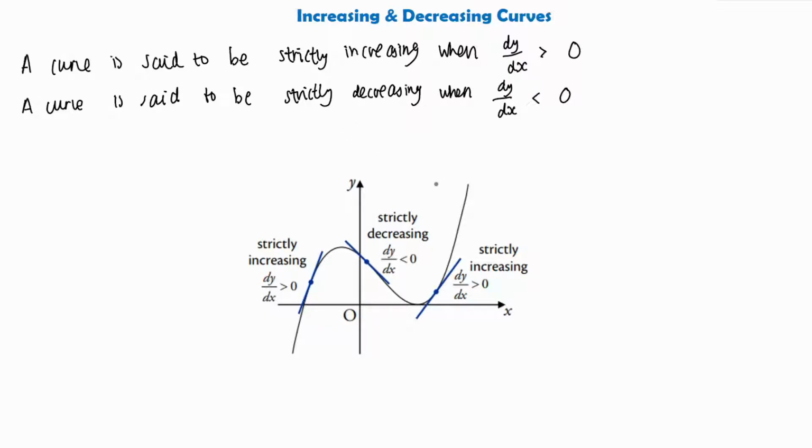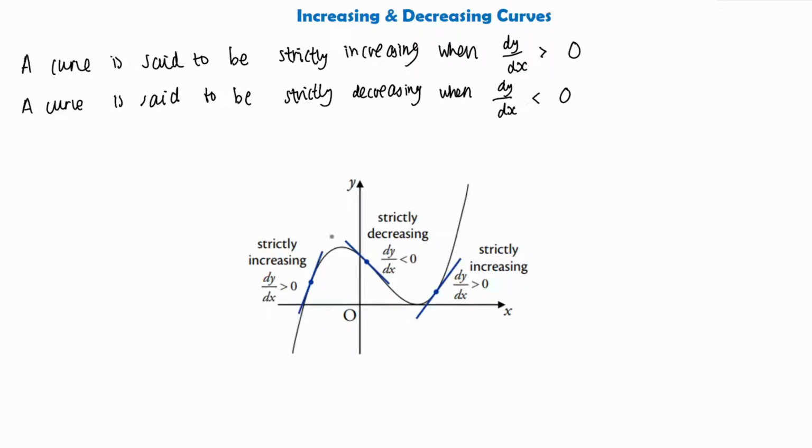This simply means that if it's increasing, then the gradient will be positive, so it will be going from left to right upwards, as we can see here. Whereas if the gradient of a tangent is negative, we can see it will be going down from left to right in this example here.